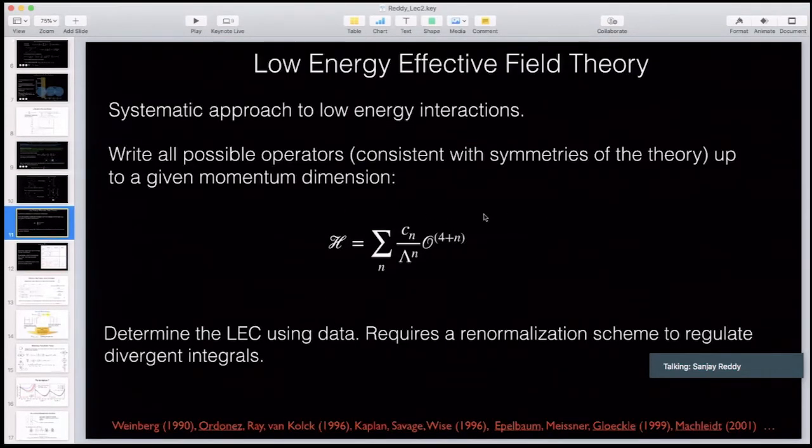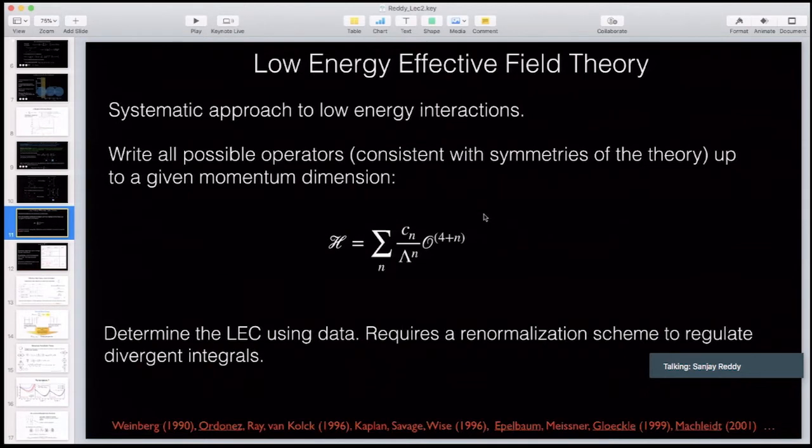So in general, when you think of the Hamiltonian as a sum of all possible operators, some of them contain some number of fields, some of them contain some number of derivatives of the fields, but we just look at the momentum content of the operator, and the dimension, the number of powers of momentum that appear there, is denoted by 4 plus n.